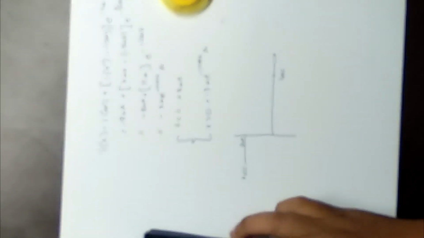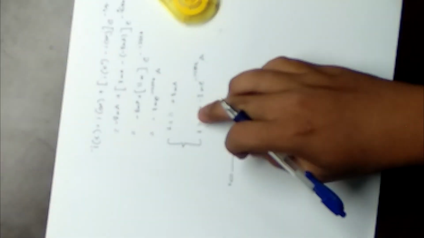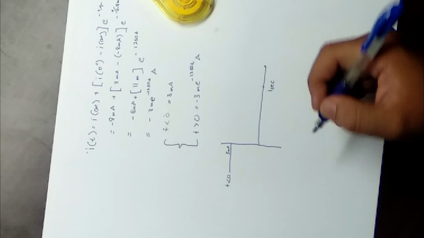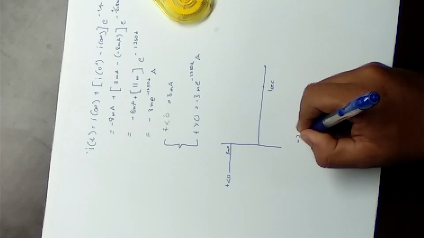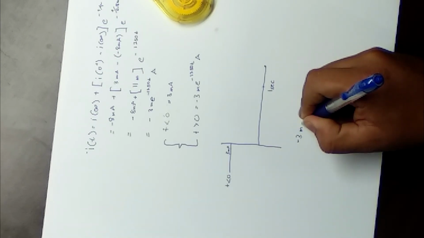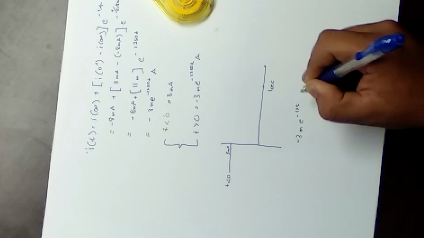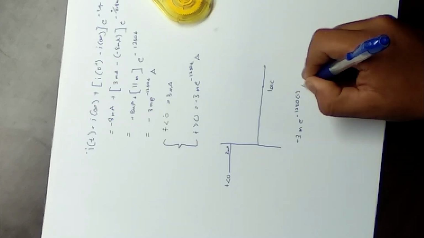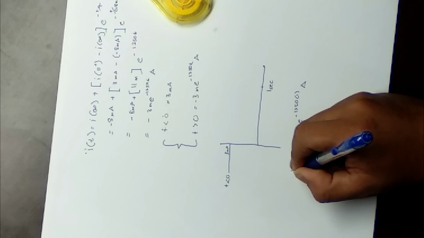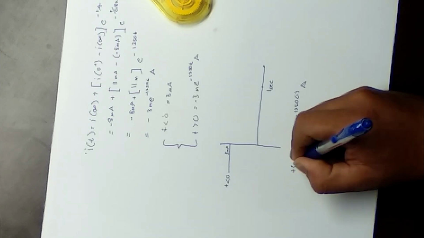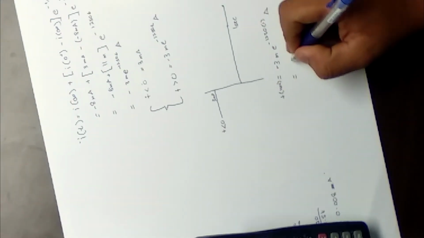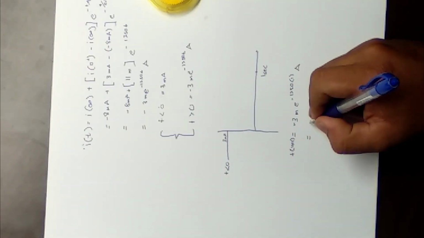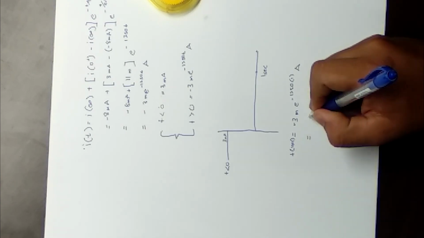If the time is 1 second, negative 3 milli exponent negative 1250 t, with t at 1 second, is equal to the time t equal to 0.